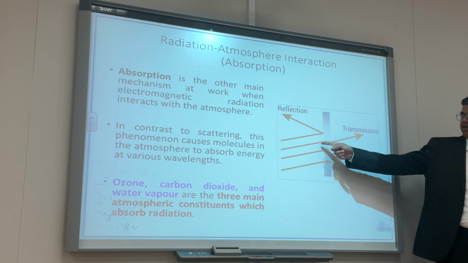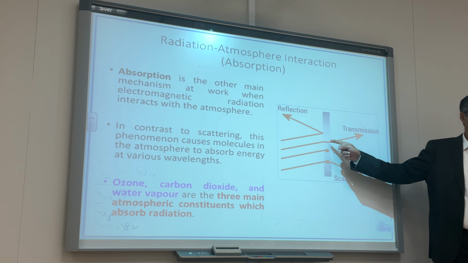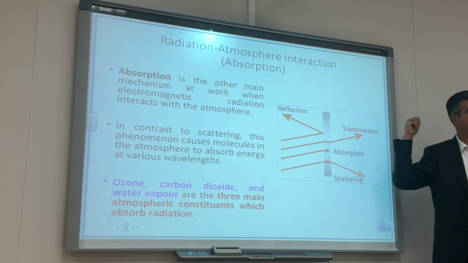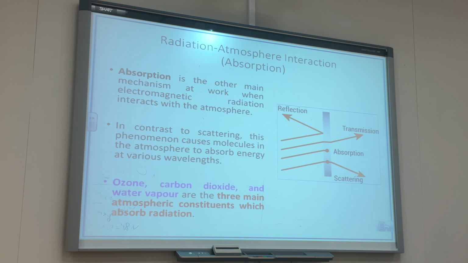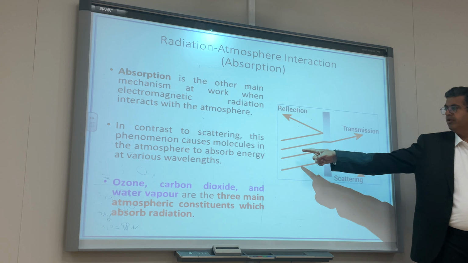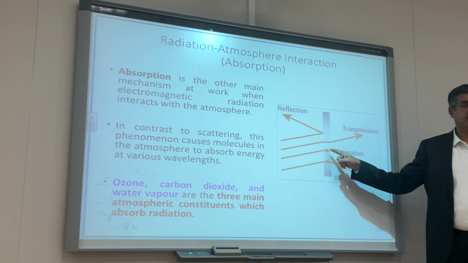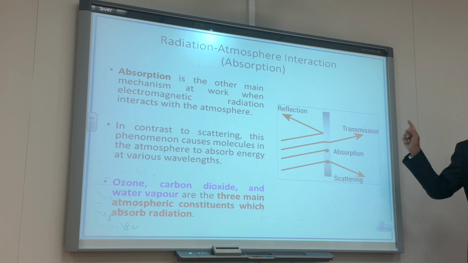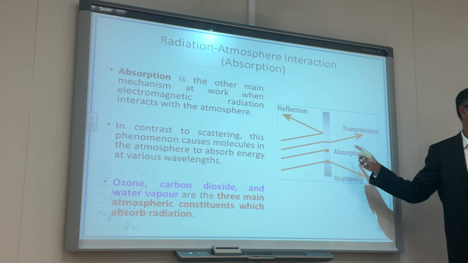In the transmission, there is a slight bend as it passes through the molecule, but then the overall direction of travel remains the same. It passes through the particles and it reaches the surface of the Earth. And this one is absorption, means the radiation strikes the molecules and they are absorbed by the molecules. They no longer appear on the other side.